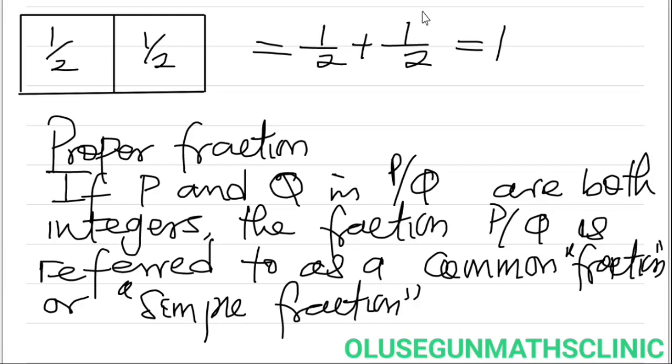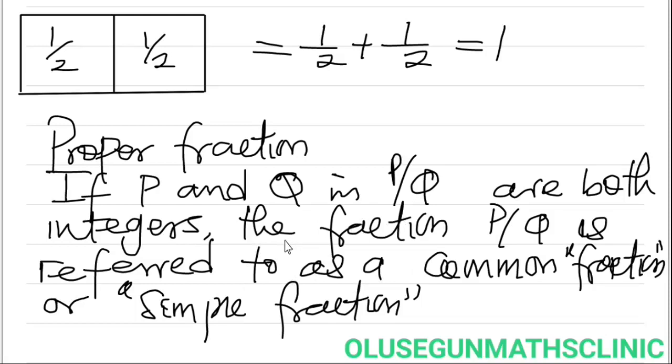The first type of fraction we call a proper fraction. If P and Q in P divided by Q are both integers, the fraction P divided by Q is referred to as a common fraction or simple fraction.